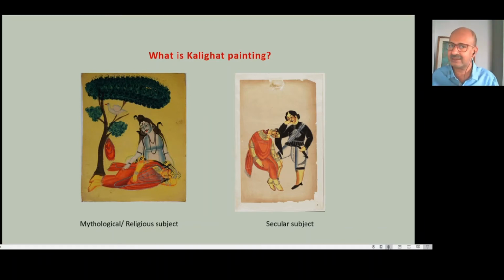On the other hand, the same painters also painted secular subject matters: the life and observations of the new urban India, the Babu culture, the street culture, and also paintings which refer to the contemporary scandals and very popular stories of that time, but nothing religious or mythological about them, right?